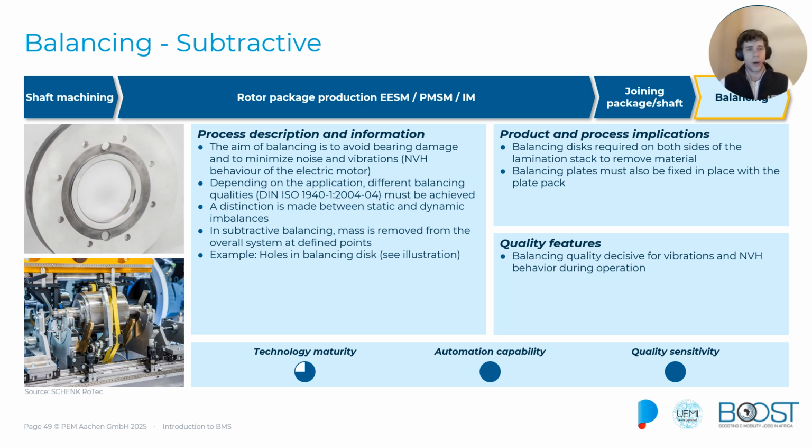The other way around would be balancing a rotor by subtraction. This involves removing material from heavy spots to achieve even weight distribution. Once again, the process starts by identifying areas where the rotor is imbalanced through testing.